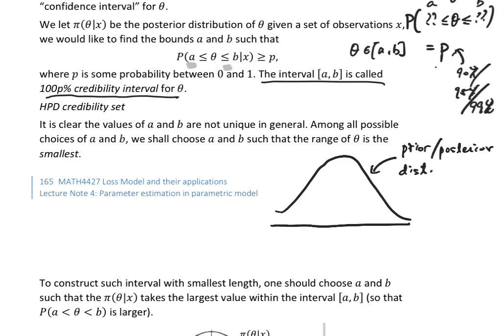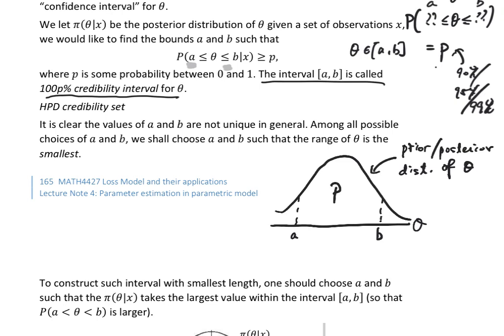It can be the prior or the posterior, depending on how much information you have. According to the definition, our goal is to get A and B such that the probability that theta is between A and B is P. Which is this one, right?